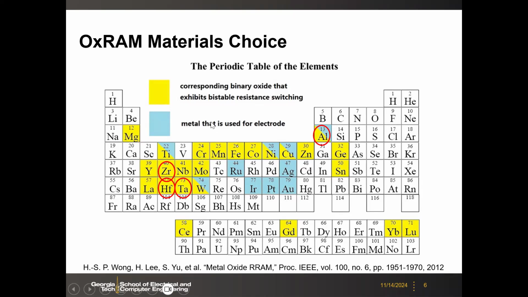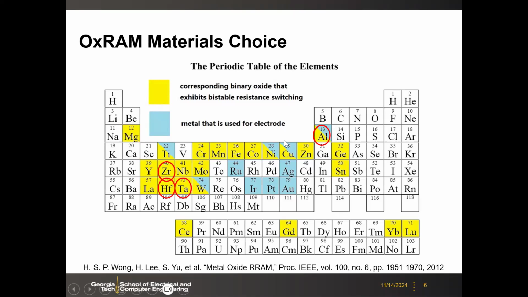Here, the blue element is typically the electrode material we are going to use for the oxide RAM. I highlight a few elements, like hafnium, tantalum, zirconium, aluminum, because those are widely used later for industry development.